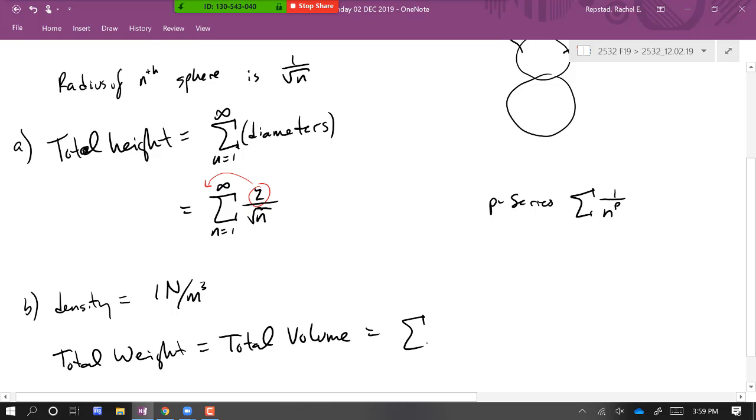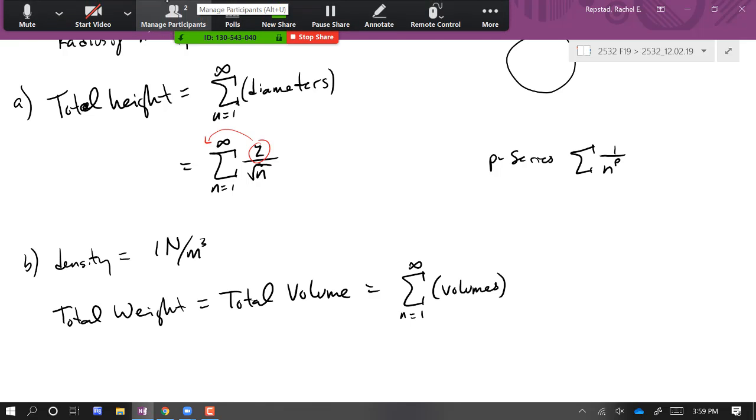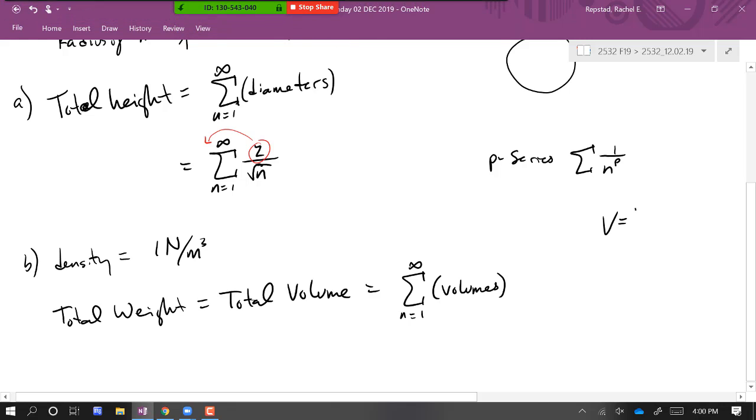And so we're going to figure out what is the volume of each sphere? 4/3 pi r cubed. And then they tell us the radius, right?